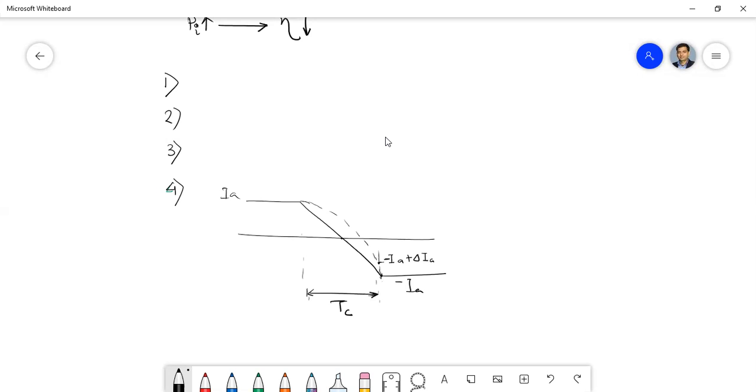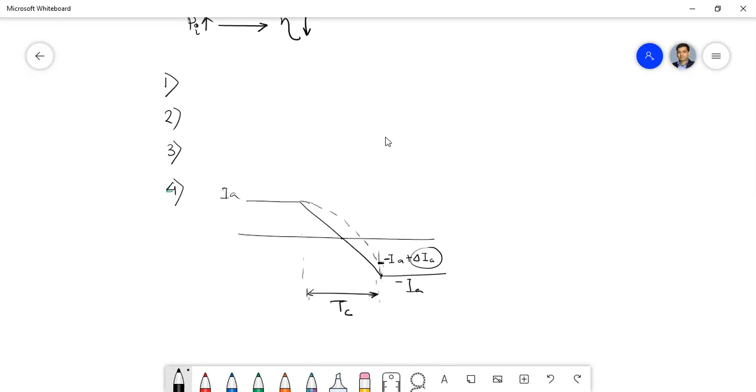Now what will happen? Suddenly from this value delta IA to minus IA, there will be a jump in the current. Whenever there is a breaking of this type of current, that means the delta IA current will be broken, there will be a generation of arc.